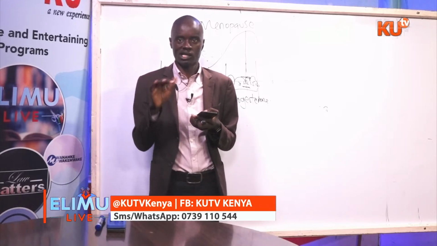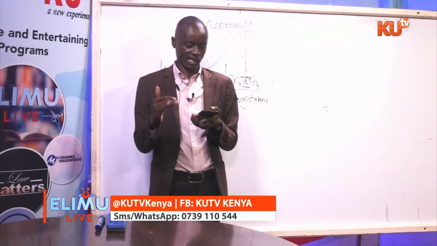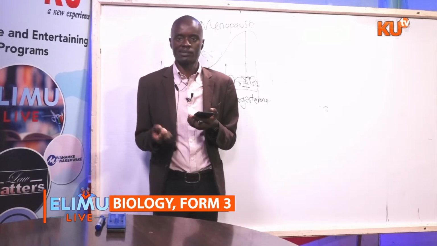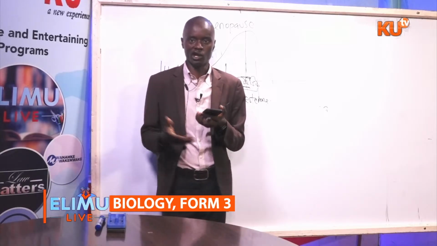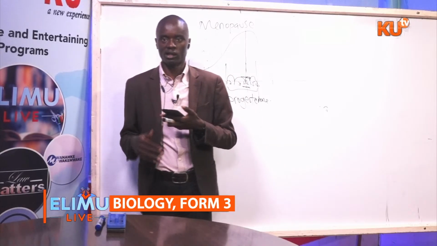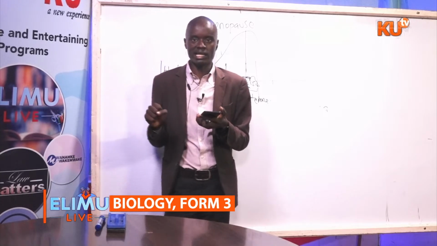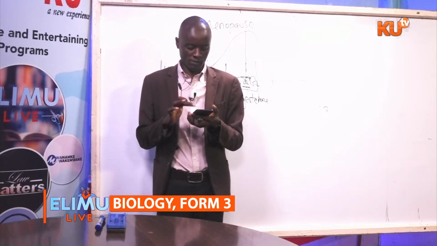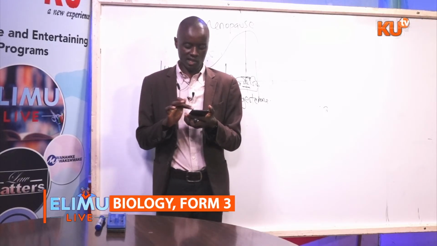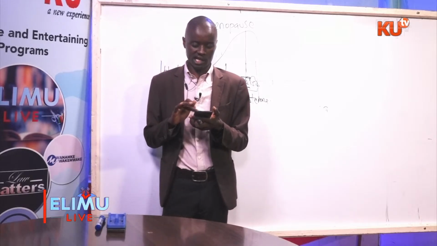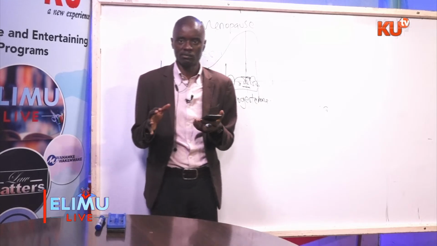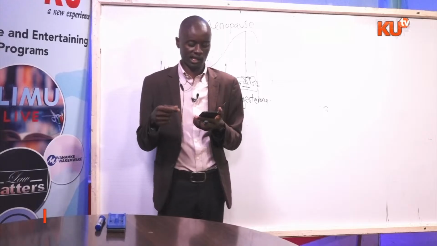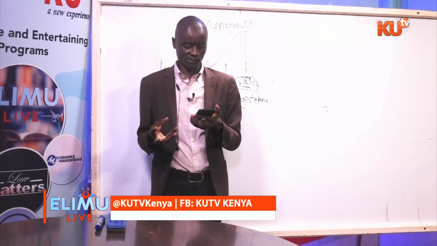So during menopause, the number of Graafian follicles reduces. Another one is the follicles become less sensitive to follicle stimulating hormone. Then the secretion of estrogen also reduces during this period.